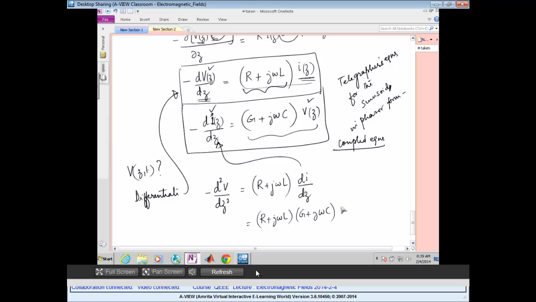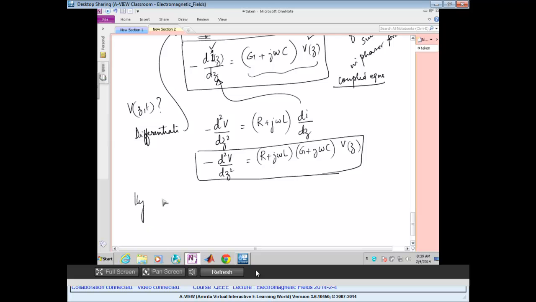So I will have R plus j omega L, G plus j omega C, times V. I have now d square V by dz square, which is dependent only on V. I made it decoupled. Similarly, write down, try and figure it out, what is the equation for I.